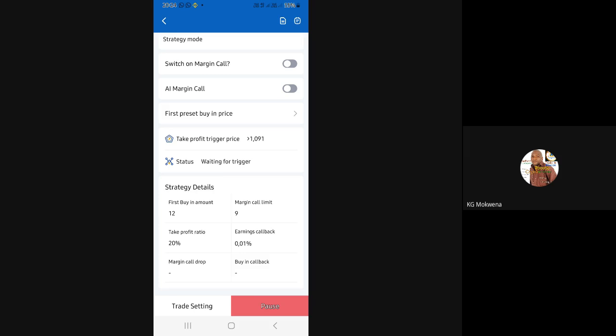So now, can you see take profit trigger price? Can you see it? Yes, I can see it. It's 1,091. So which means when the market reaches 1,091, you would have actually earned 1% of $300 because that position is running with that.